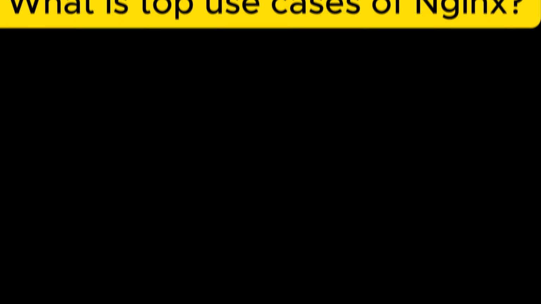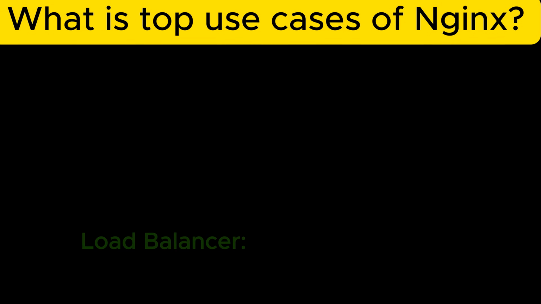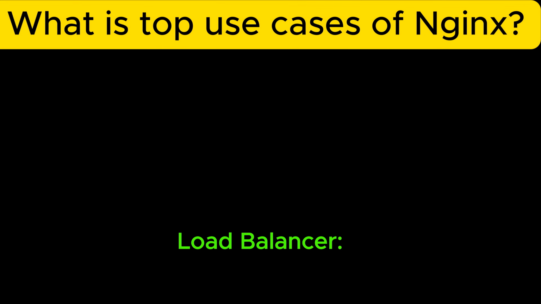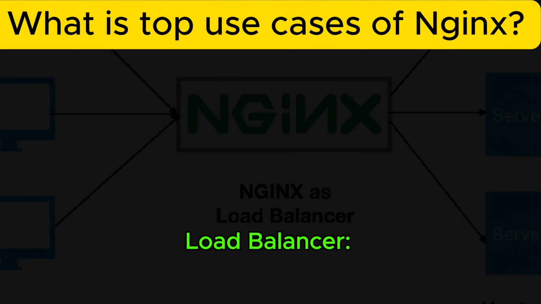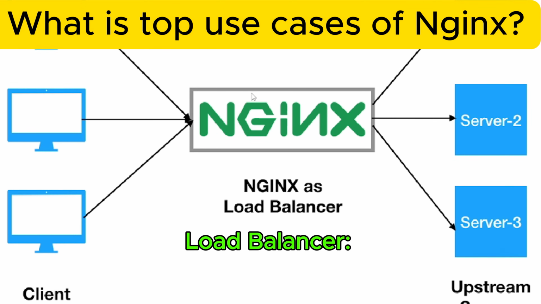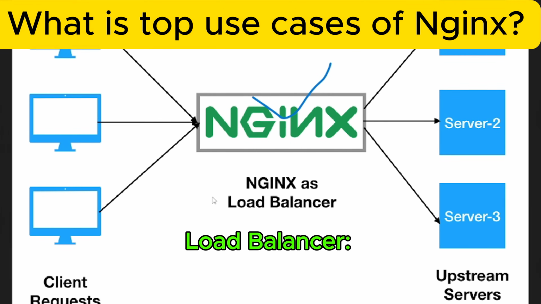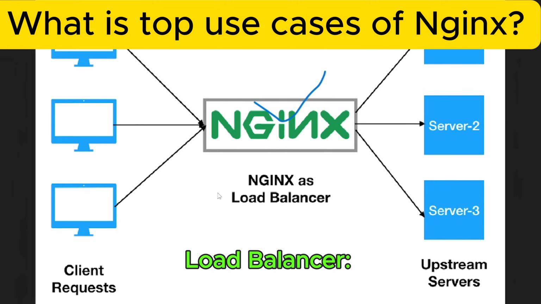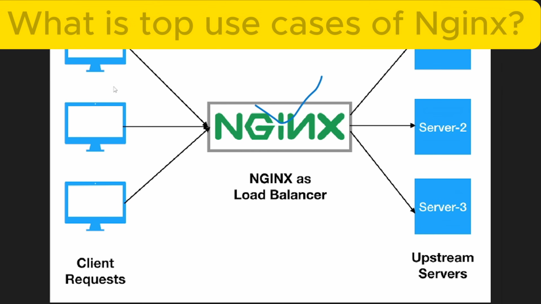Another major top use case of Nginx is load balancer. Let me explain how it works. If we configure Nginx as a load balancer, it is a very good option to have. Let's suppose we have clients 1, 2 and 3.